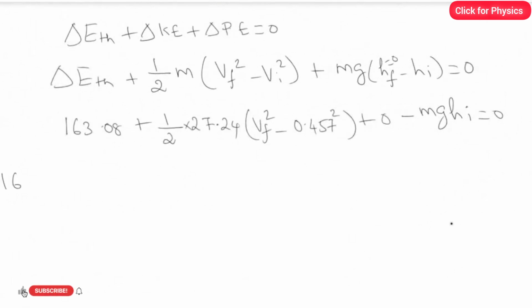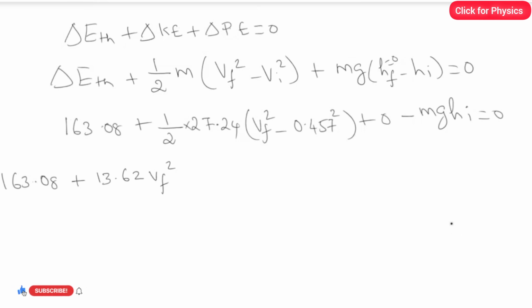So 163.08 plus half (27.24) divided by 2, we got 13.62. That means here when you multiply this one, 13.62 V final square.